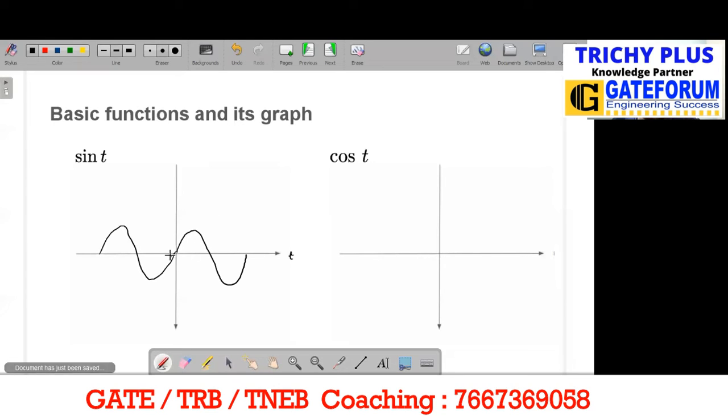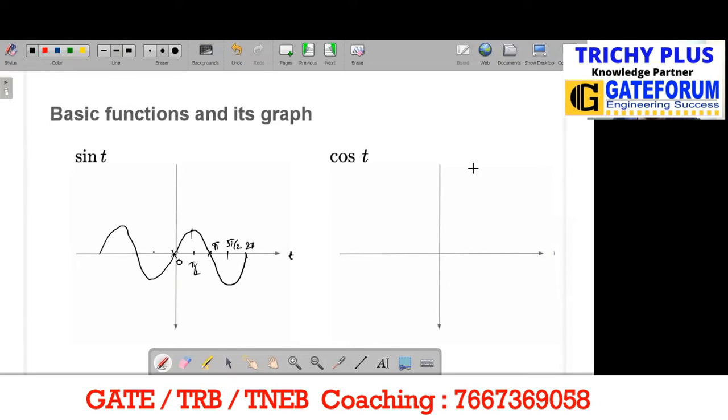At 0 you'll have 0. At pi by 2 you'll have 1 as the answer, the maximum. At pi you'll get 0, at 3 pi by 2 you'll get -1, and here it's 2 pi. This is how the sine curve looks, and it goes to -pi by 2, -pi, -3 pi by 2, and -2 pi on the negative side.